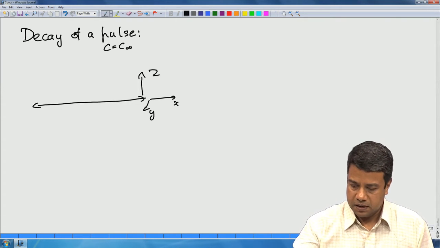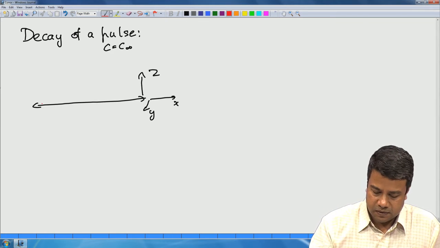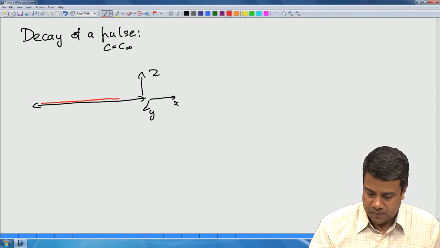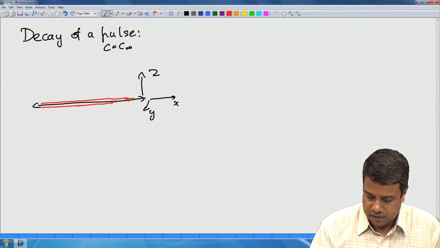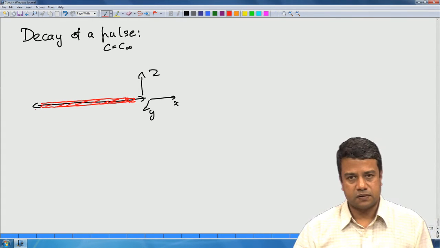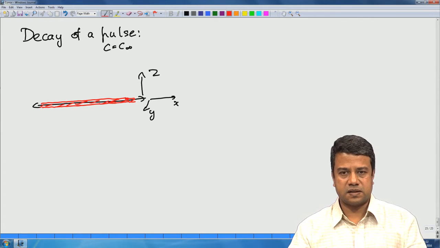And at time t equal to 0, I input a small pulse of the solute at z equal to 0. I instantaneously put in a certain amount of mass of the solute at this location.